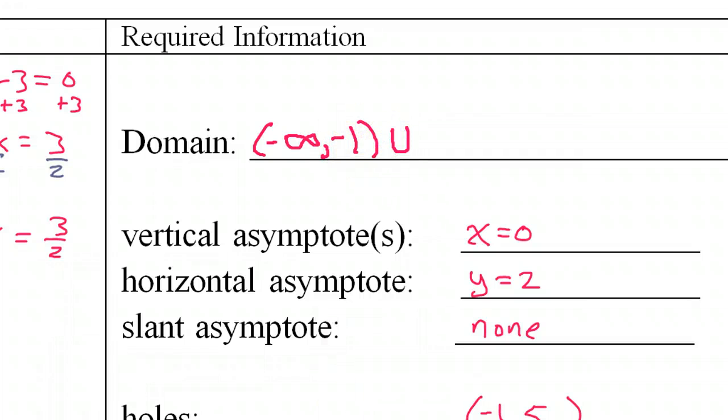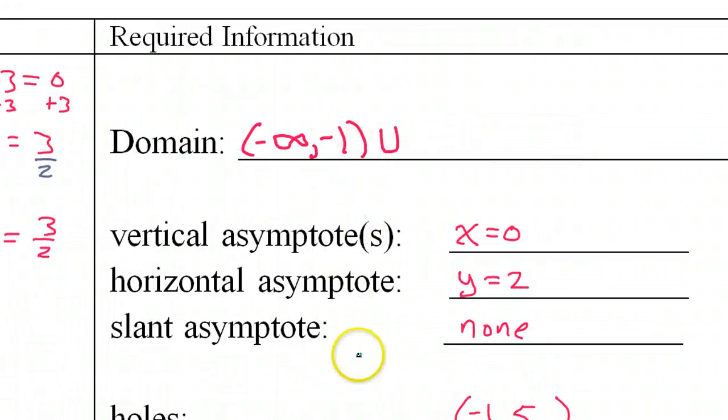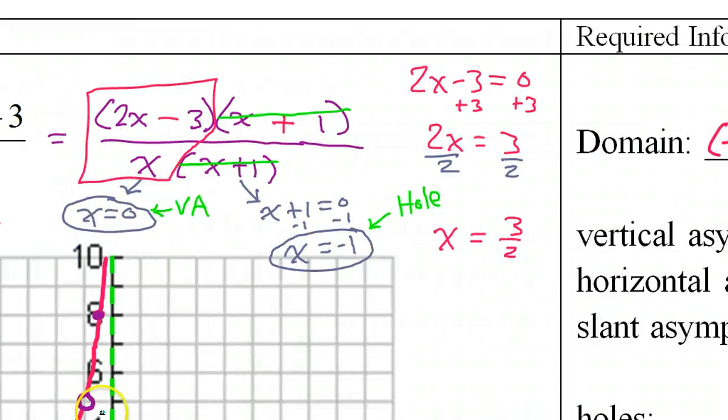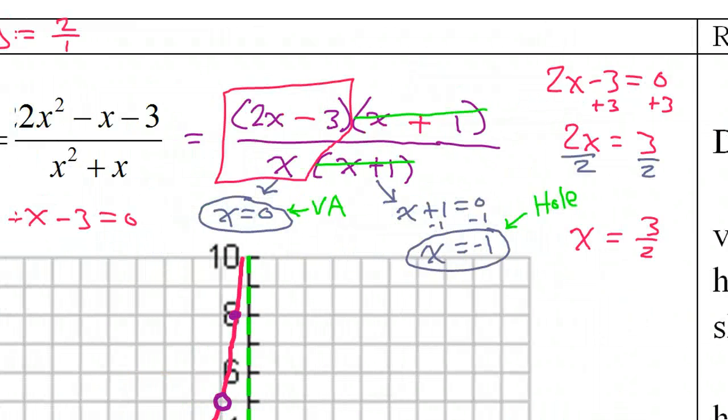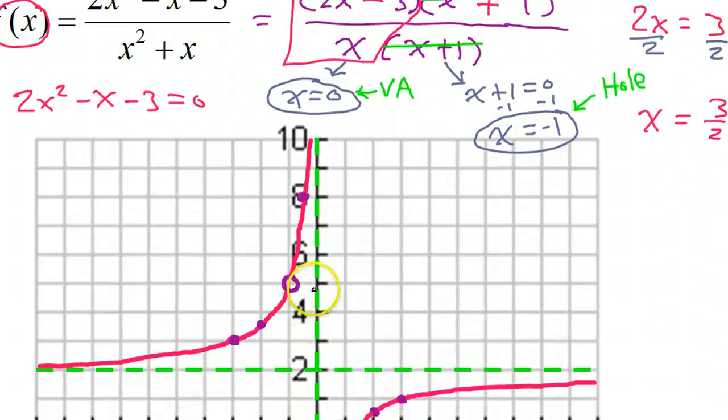Union, round parentheses because this is a hole. It cannot be included. It's left as a hole for a reason. It's not included in the domain. And then, x value wise, it goes from the hole to the asymptote. So that's -1 to 0.